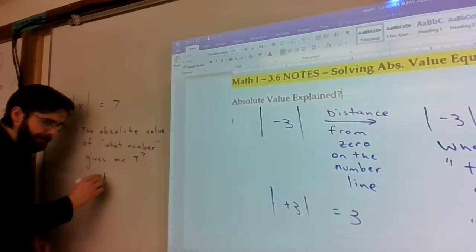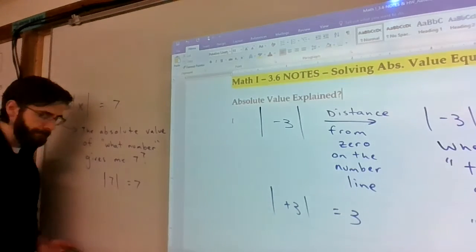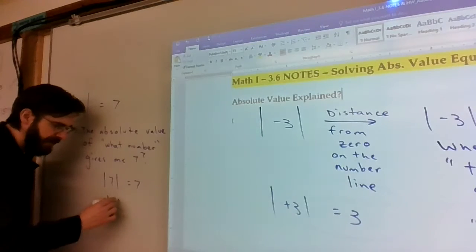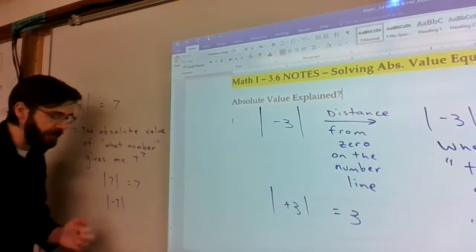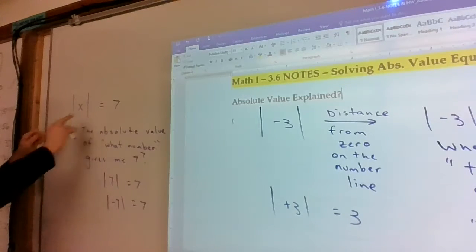If I take the absolute value of 7, I get 7, right? But if I take the absolute value of negative 7, I also get 7. So there's actually two solutions to this equation.